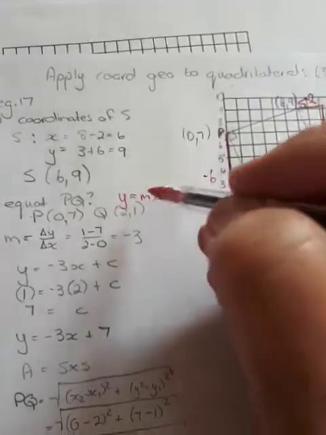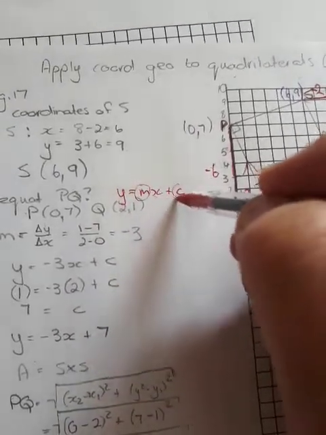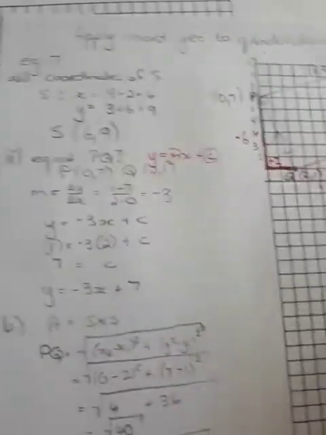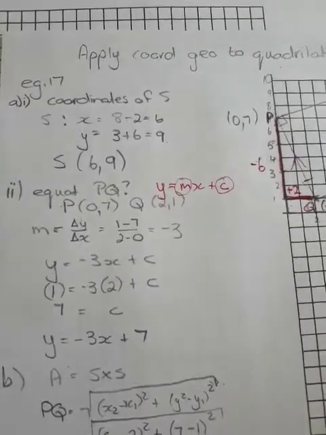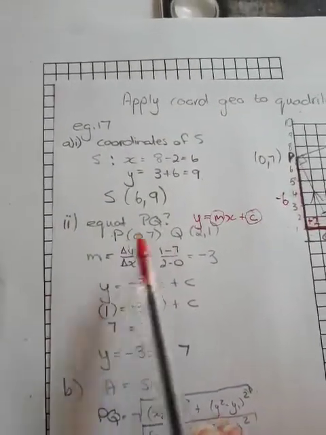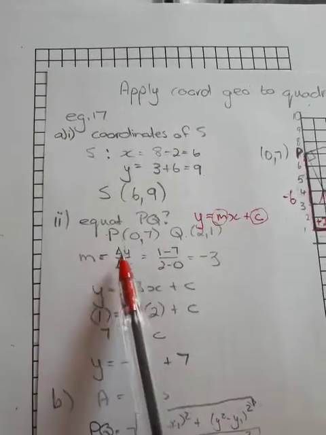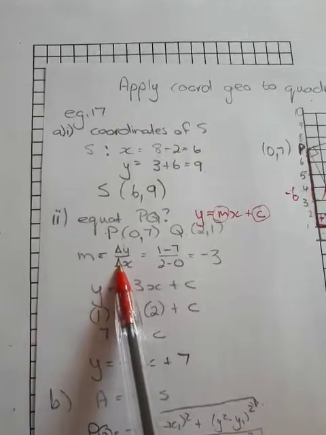So to find the equation, you must have the gradient and you must have c. Otherwise, you can't find the equation. So in this case, simply write down your coordinates P and Q and calculate your gradient. Your gradient, people, remember, is y change over x change.